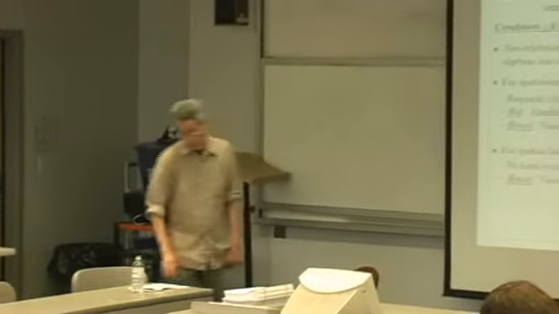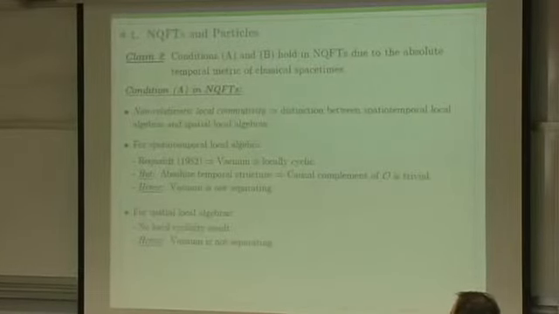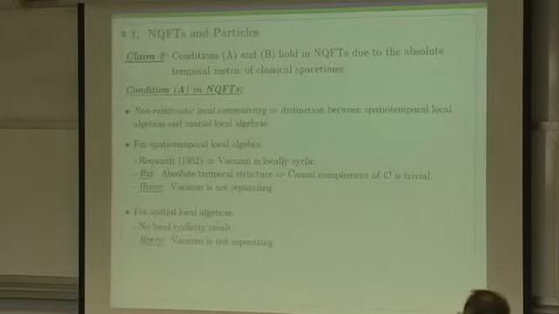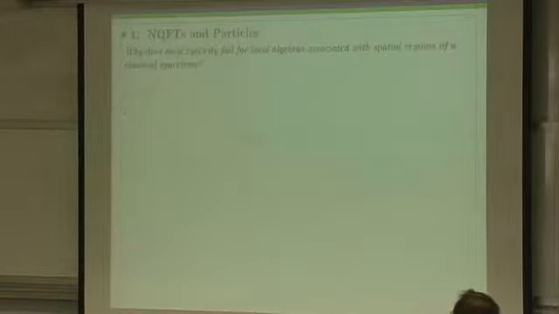And for spatial local algebras associated with non-relativistic quantum field theories, local cyclicity of the vacuum does not hold. So vacuum separability fails in this case too. Now, why does local cyclicity fail for local algebras associated with spatial regions of the classical spacetime?